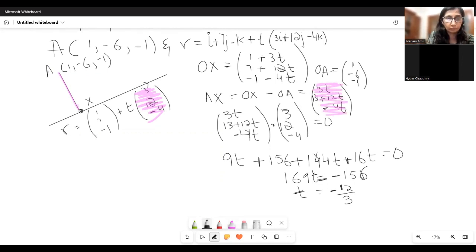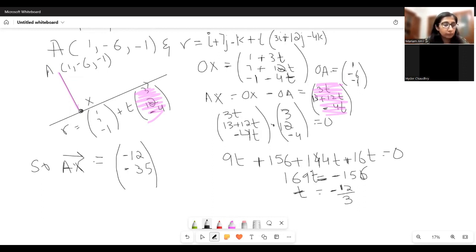So AX will be, okay, I'm going to substitute minus 12 by 13 there. Wait, the substitution is wrong: minus 156 divided by 169 is minus 12 by 13, yes, sorry.